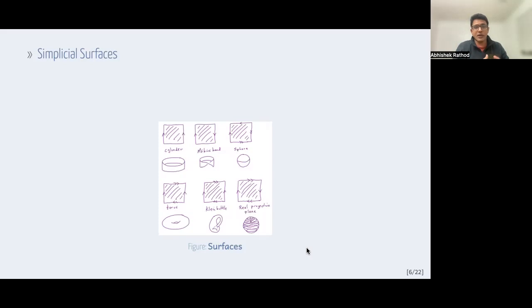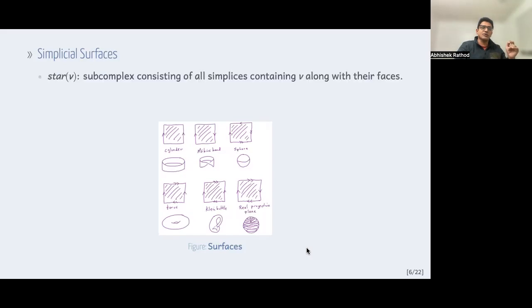And next we'll look at the definition of simplicial surfaces, which are basically triangulations of surfaces. But to begin with, we define the star of a vertex of a complex. So the star of a vertex v is the subcomplex consisting of all simplices containing vertex v along with their faces.